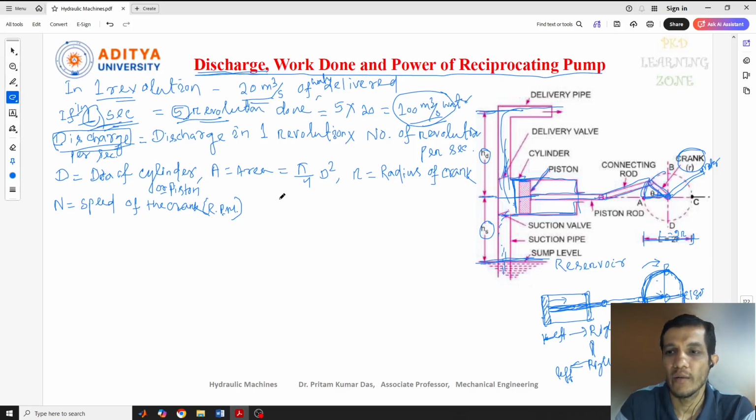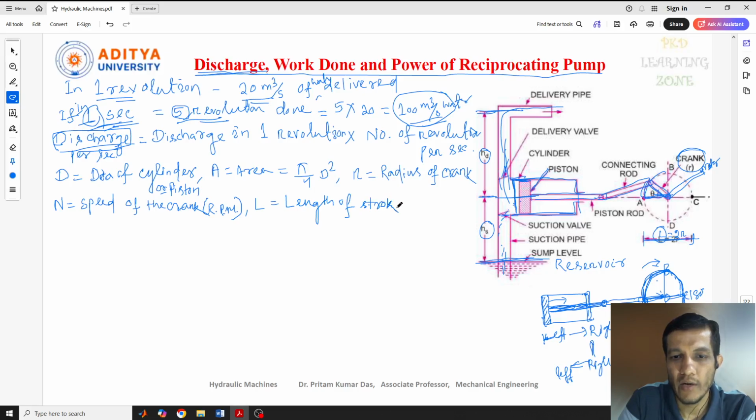And one more is L, the length of the stroke, which can be calculated as 2 into r, because this is one r and this is another, so the total is 2 into r. This is the length of the stroke.